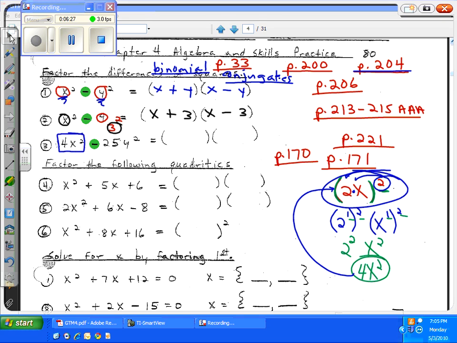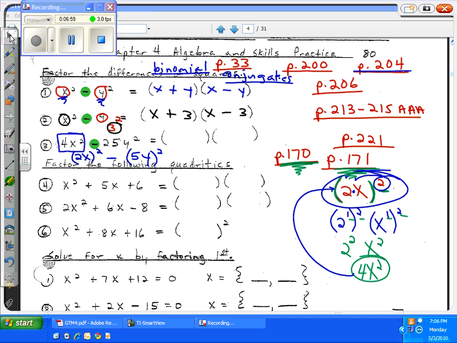Over here, top left, this 4x squared then is the same as 2x quantity squared. In the same way, the 25y squared is 5y quantity squared, again because of raising powers to powers, page 170 of my algebra text, and distributive property summed up, page 171.